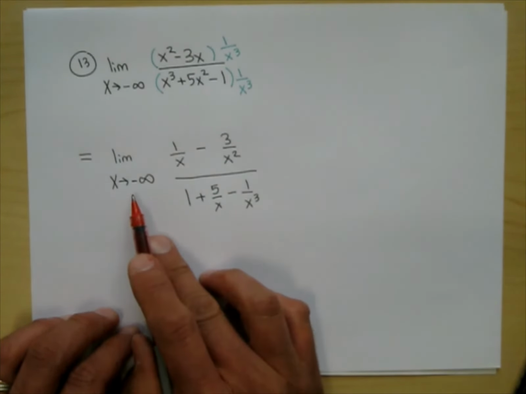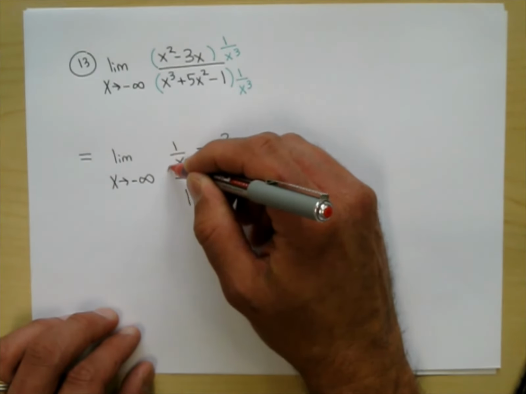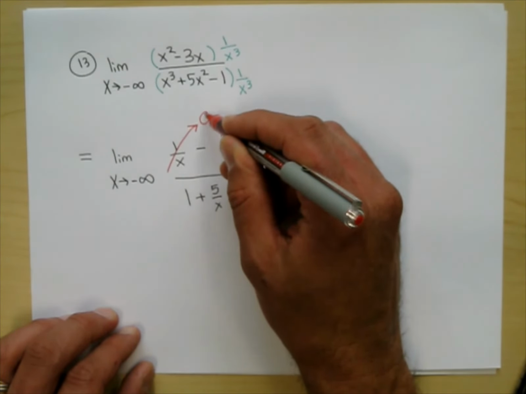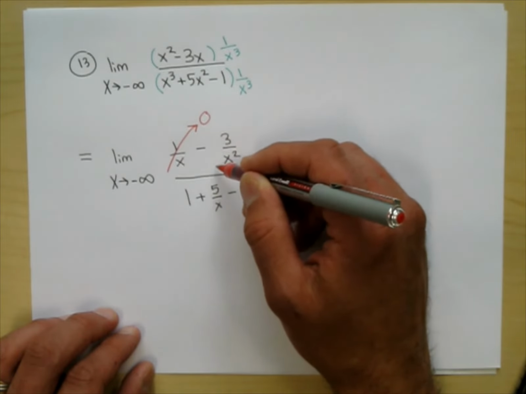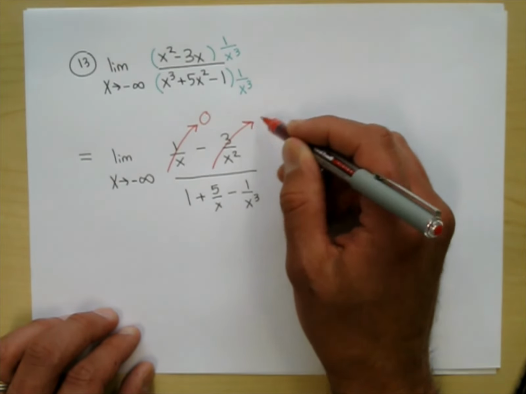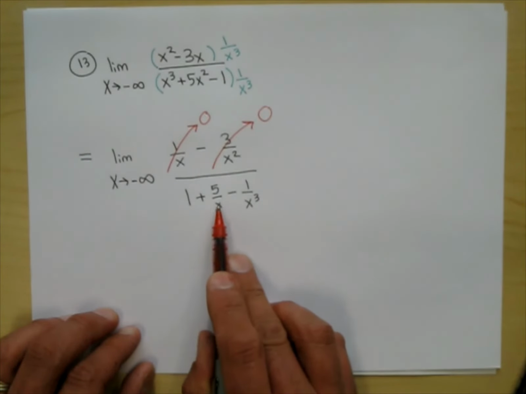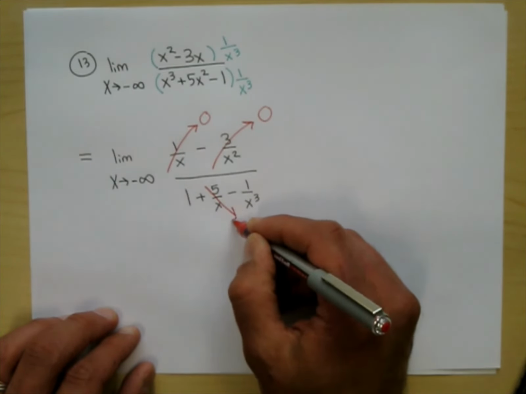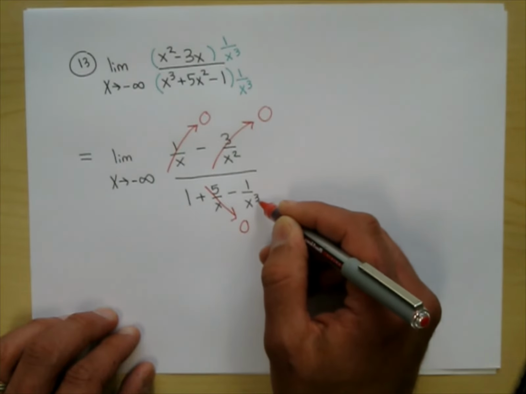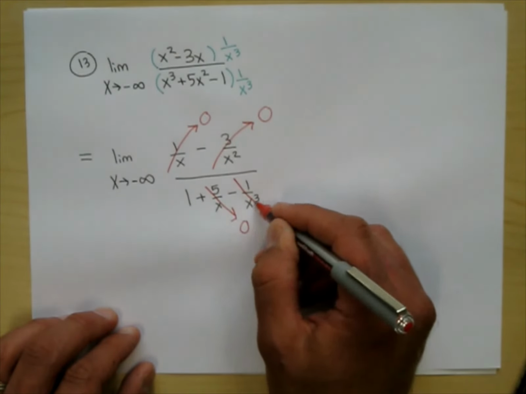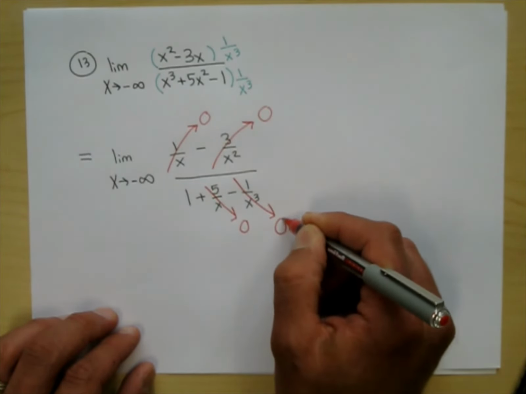When I put negative infinity in for this first x, 1 over negative infinity, 0. 3 over negative infinity squared, which is 3 over infinity, 0. This 1 I'm not going to touch. 5 over negative infinity, 0. And then 1 over negative infinity cubed, 0.